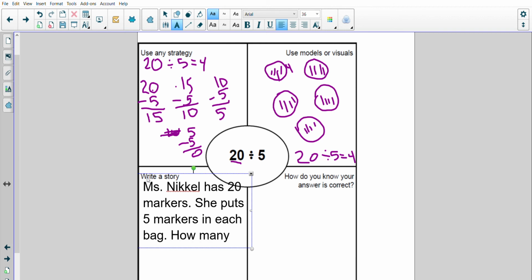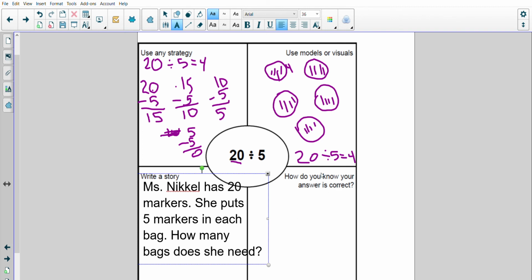How many bags does she need? Again, the idea is I have a total of something, in this case 20 markers. It can be 20 Jolly Ranchers, 20 bananas. And then I'm going to divide that equally somehow into something.